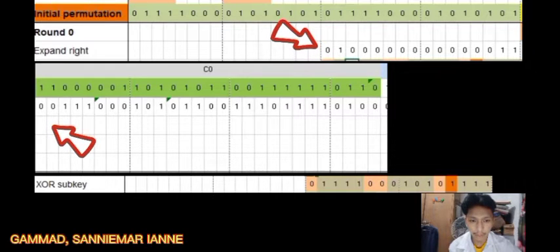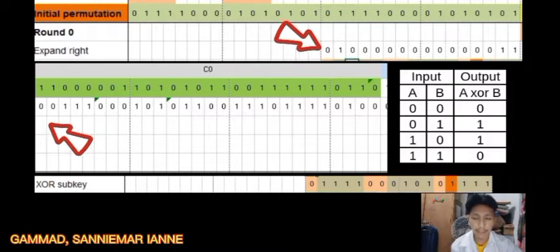Then 1 plus 0 is equal to 1. Then 0 plus 1 is equal to 1. If the numbers are the same, then the result will be 0. Then if the numbers are 1 plus 0 or 0 plus 1, the result is 1.